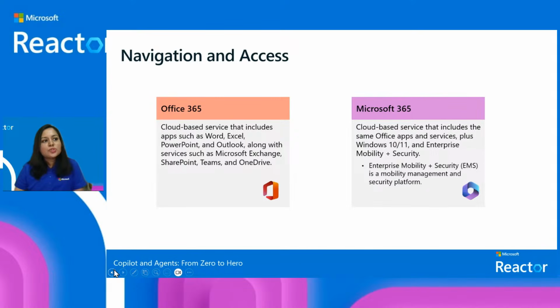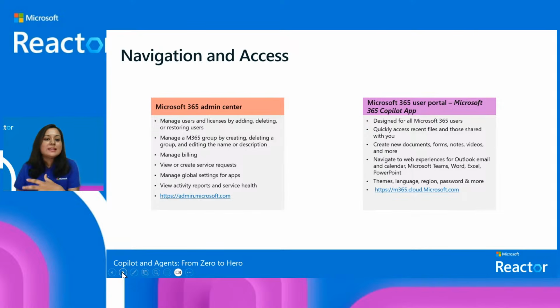The next thing that we should be aware of is the navigation to your Microsoft 365 Admin Center and your Microsoft 365 Copilot app. Your Microsoft 365 Admin Center can be accessed using the URL admin.microsoft.com. This is the portal for you to manage your users, licenses by adding, deleting, or even managing your user access there.